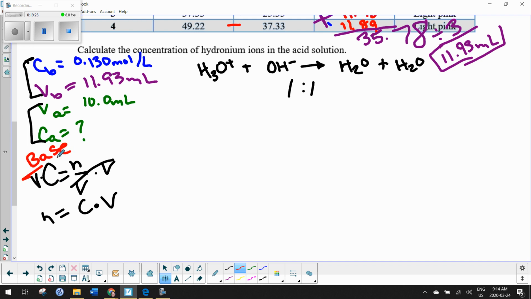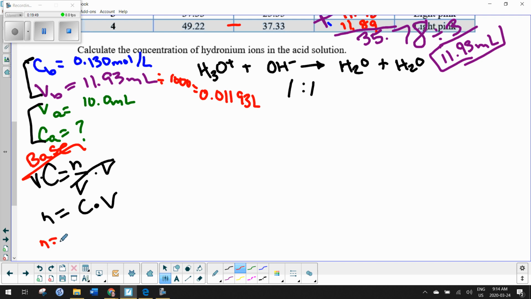Since we can't mix these two, we have to calculate our base first. So this is our base, this top one here. Milliliters and liters do not work together. So before we actually do anything, we divide by 1,000 to get 0.01193 liters, because we have to work with liters.